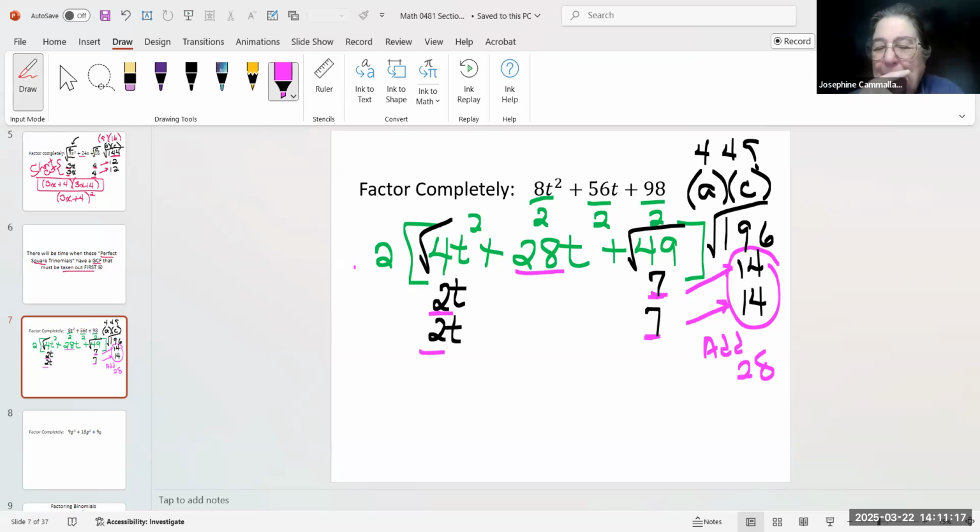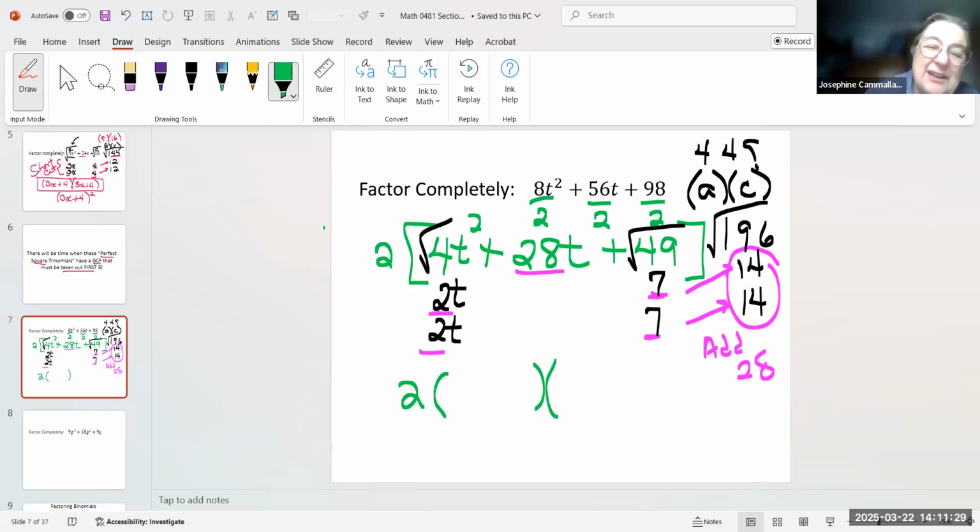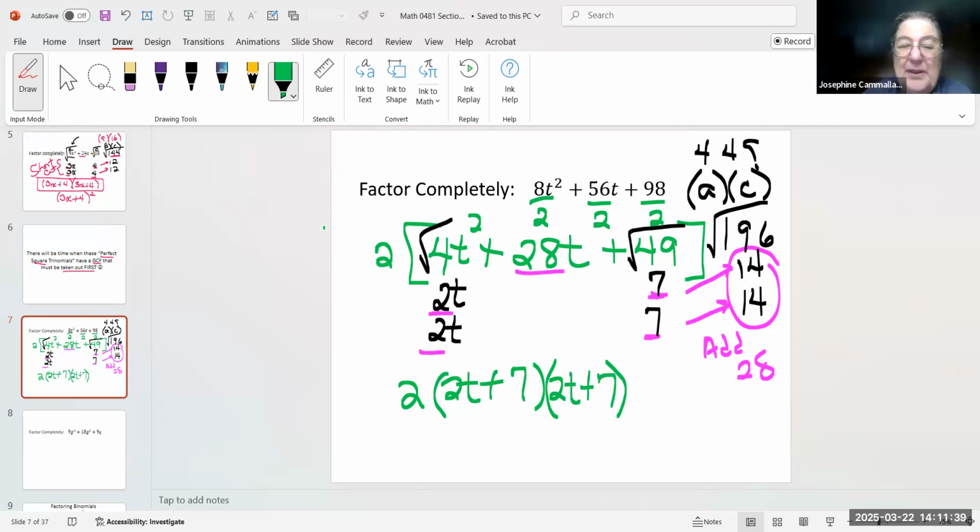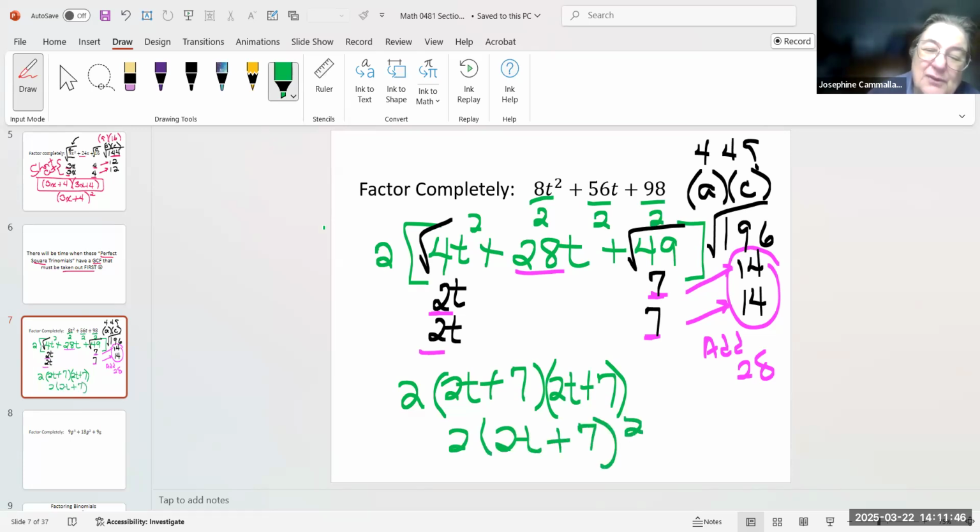Look at the middle number. Yeah, it does. This means that that wonderful 2 that I took out still has to stay, but I have 2t plus 7, 2t plus 7, or 2t plus 7 to the power of 2. I can't forget that 2. It's still part of the problem.